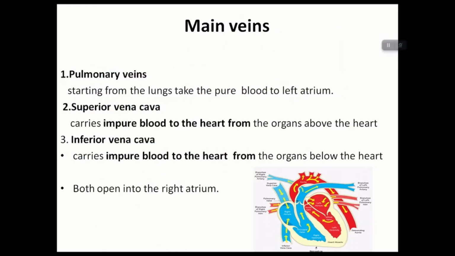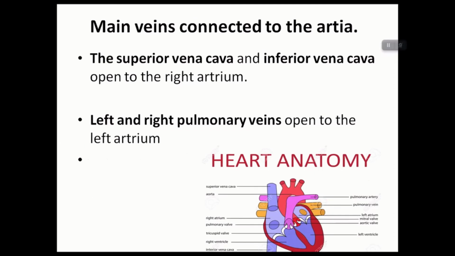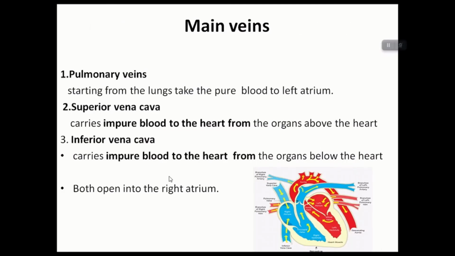Then the other thing is superior vena cava. It carries impure blood to the heart from the organs above the heart. Who brings impure blood to the heart from the organs above the heart? Superior vena cava. Okay? Then you can see another one, inferior vena cava.